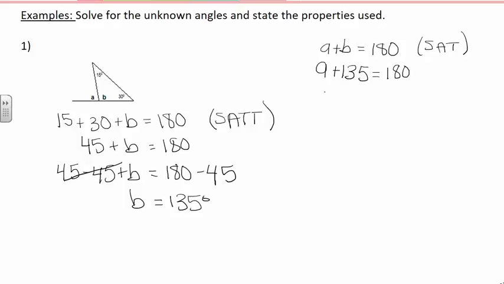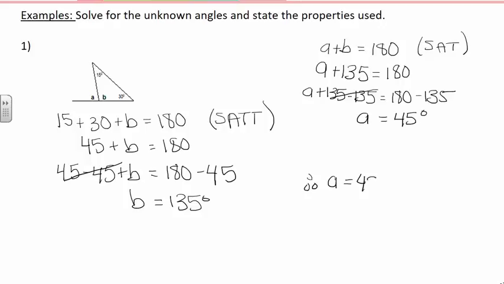And now we just have to isolate for A, so we subtract 135 degrees from both sides. And these cancel out, and we are left with A equals 45 degrees. Therefore, A is 45 degrees and B is 135 degrees.